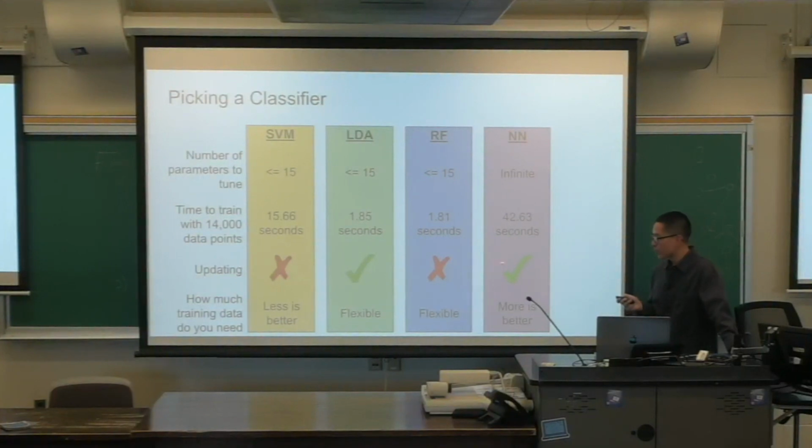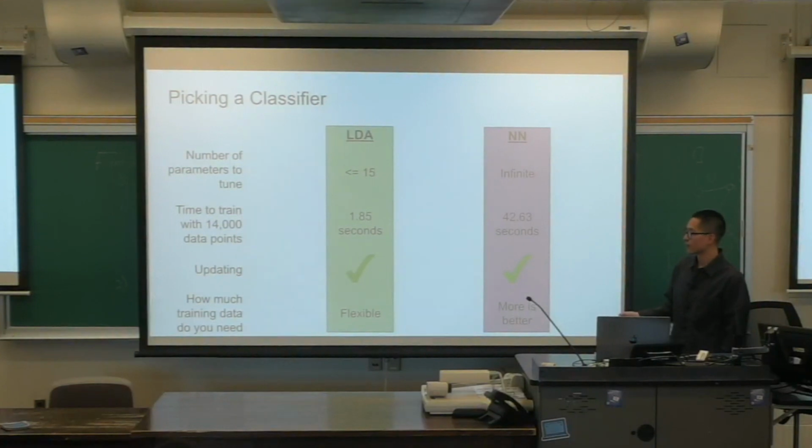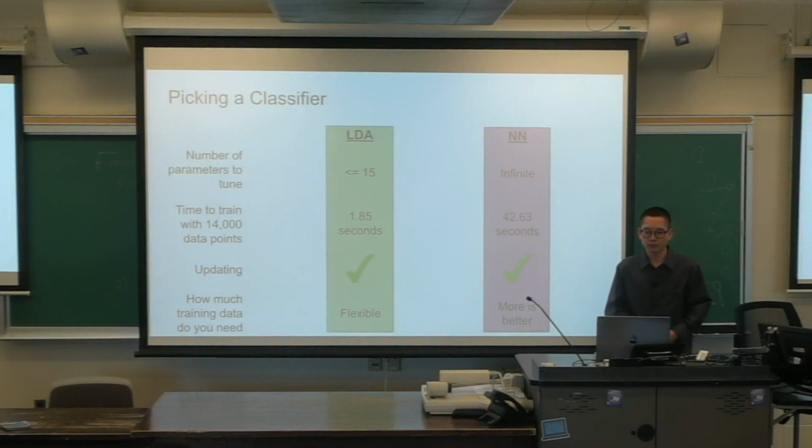In this case, what we care a lot about is whether we can update the model, because we expect the algorithm to update itself in an online fashion with the new stream of data. Because of this, we immediately rule out random forest and SVM because they are not able to adapt to a new data sample. So now we are left with LDA and neural network.